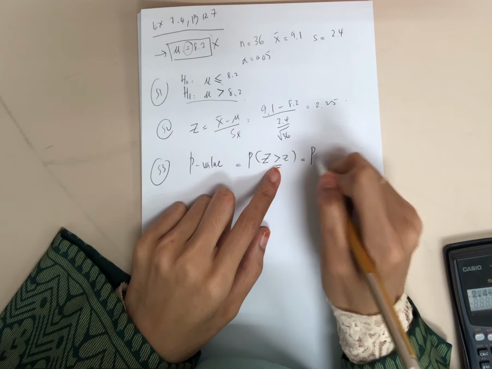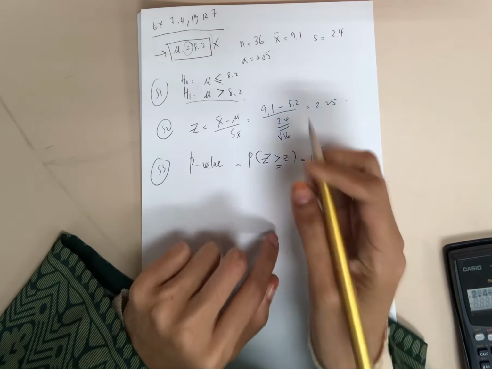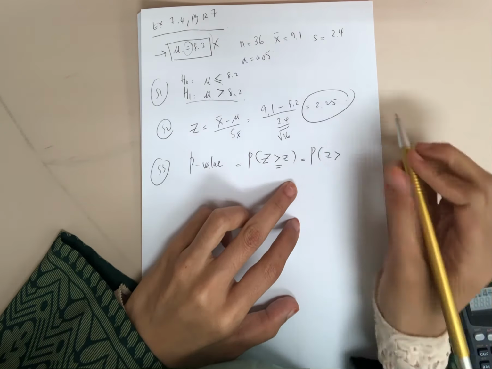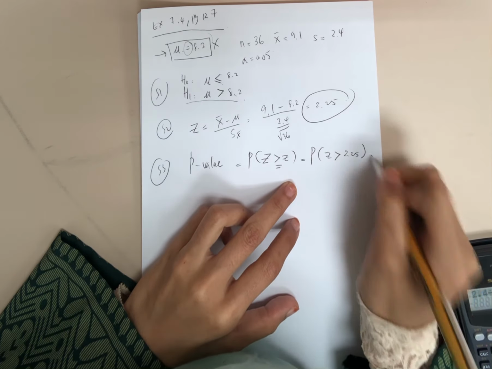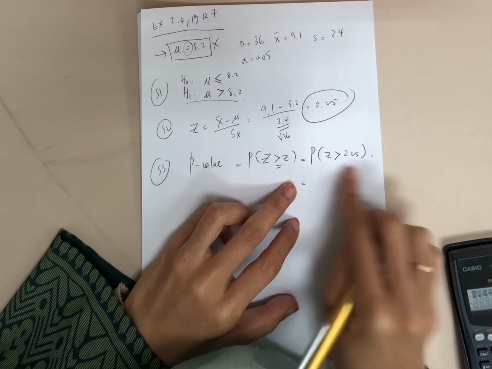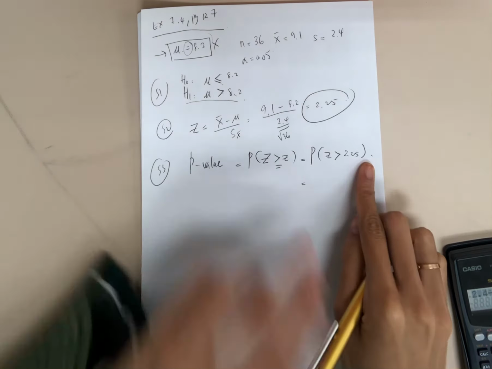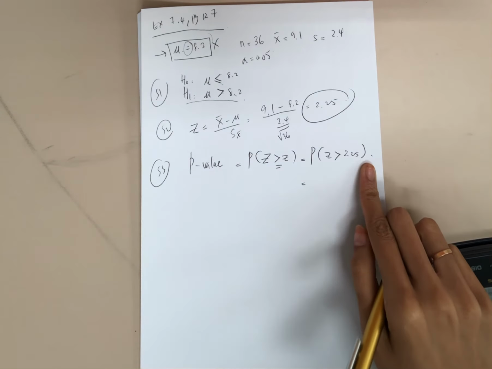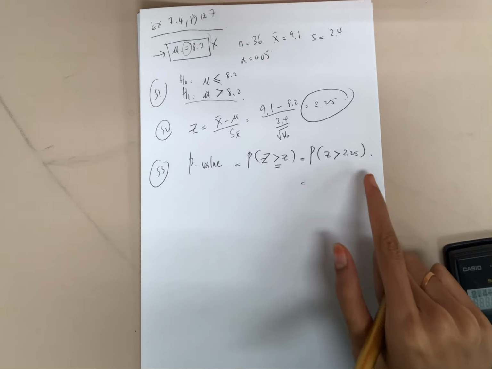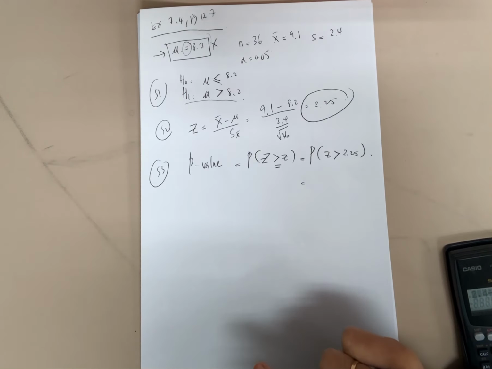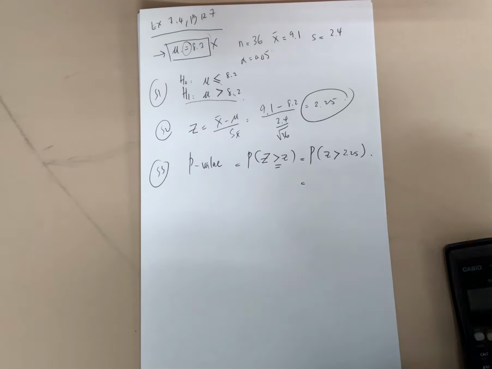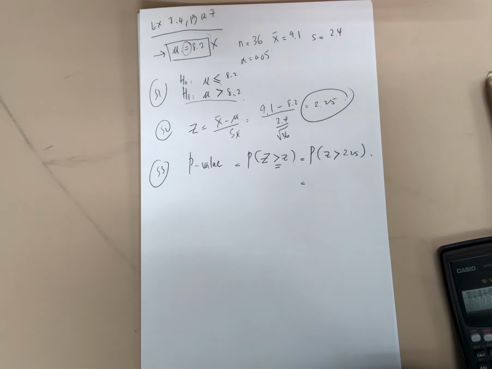So this is equal to P(Z greater than what? What is your z just now? Your z here is 2.25. How to find this one? You need to go back to the probability, because this is a p, this is a probability.